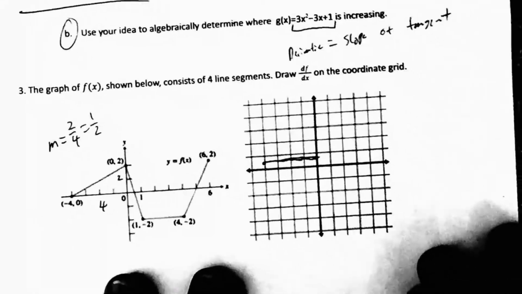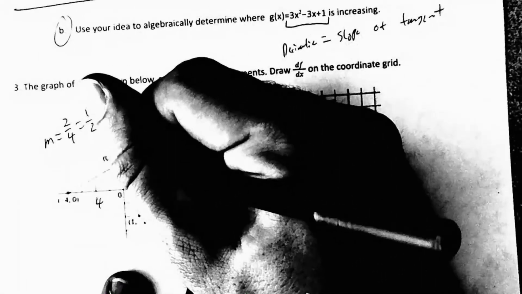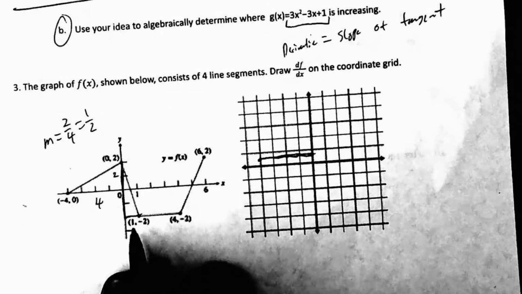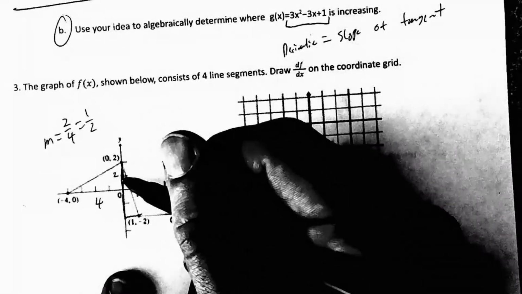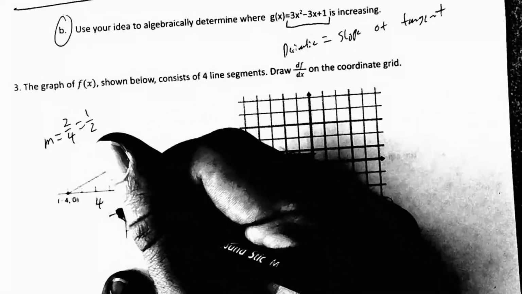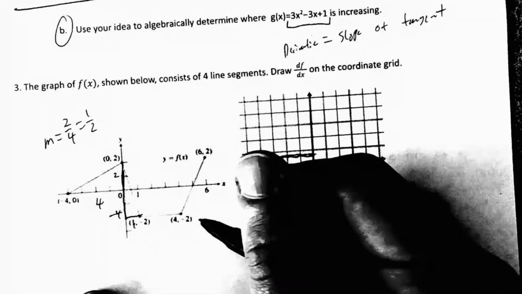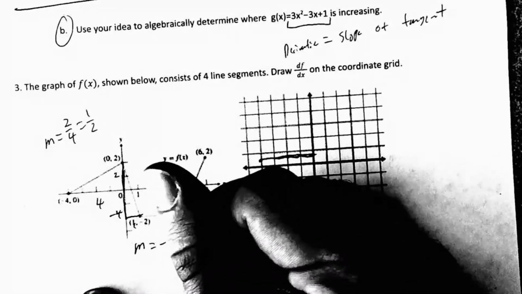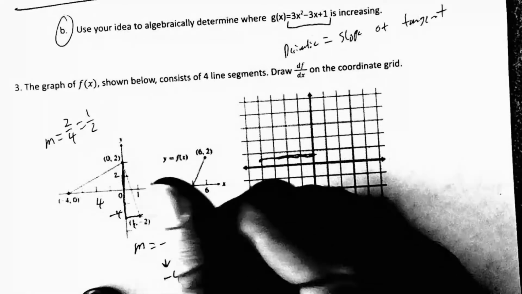Okay. Then from 0 down to 1, I go down 1, 2, 3, 4, so minus 4, and I go over 1. So that means this slope would be negative 4 over 1, which is negative 4.